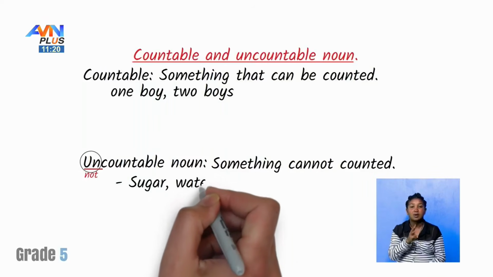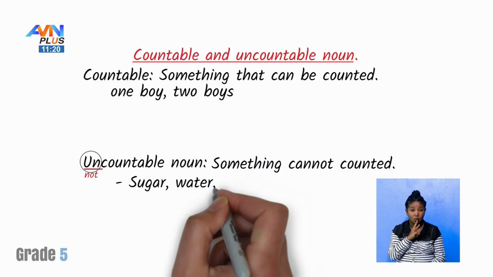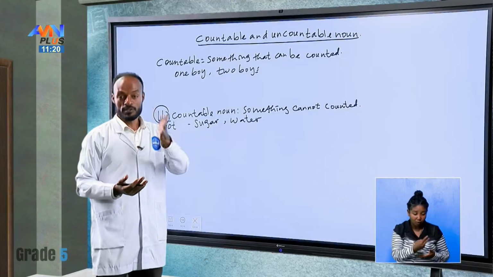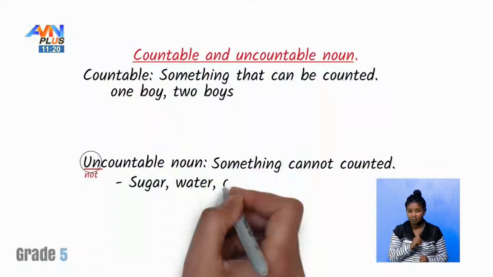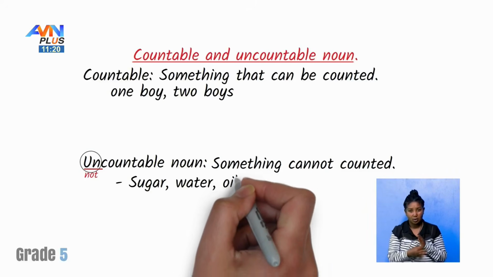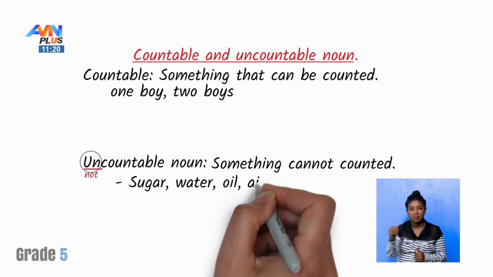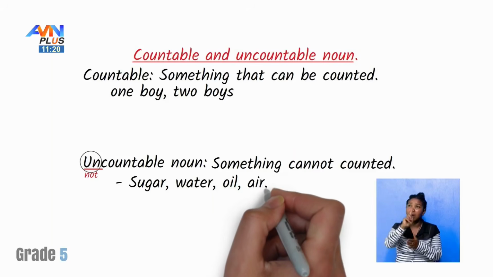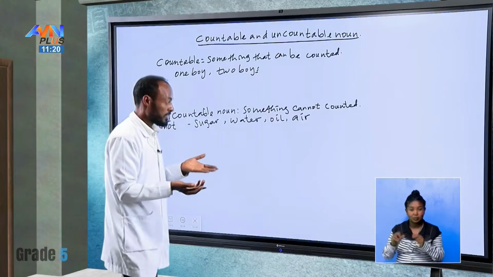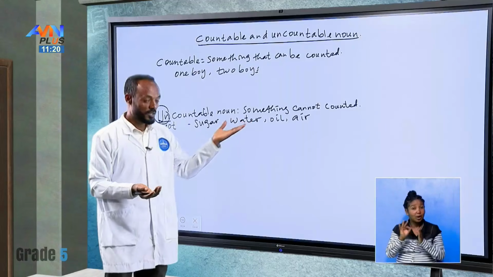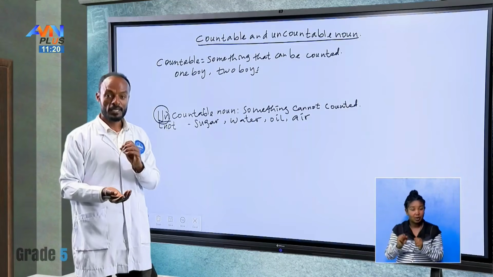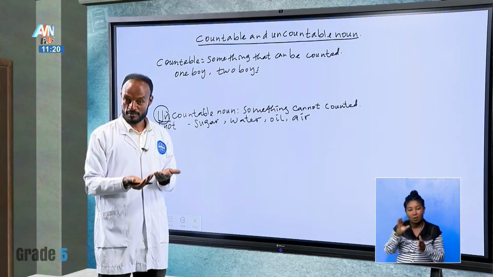We cannot say waters. What about oil? Another one is air. Can we count them? We cannot, because they are uncountable.